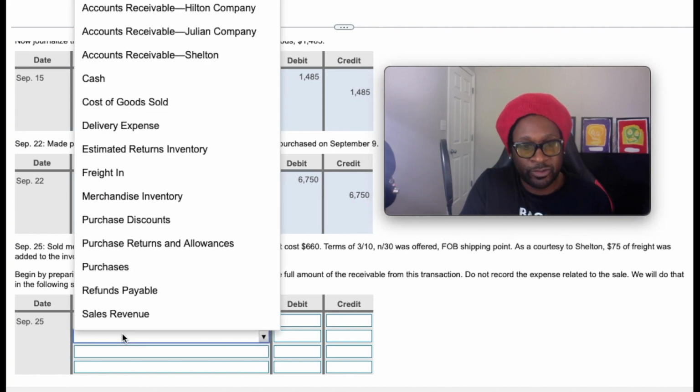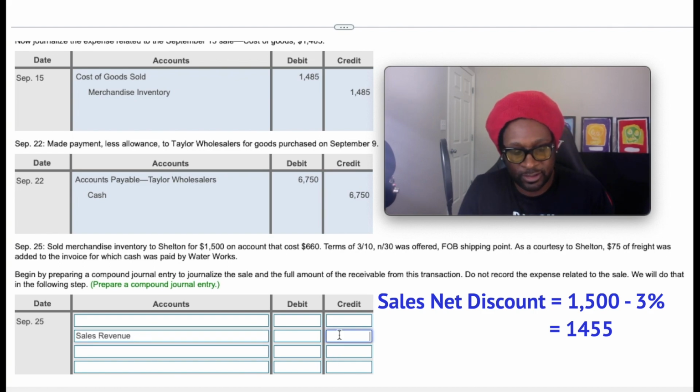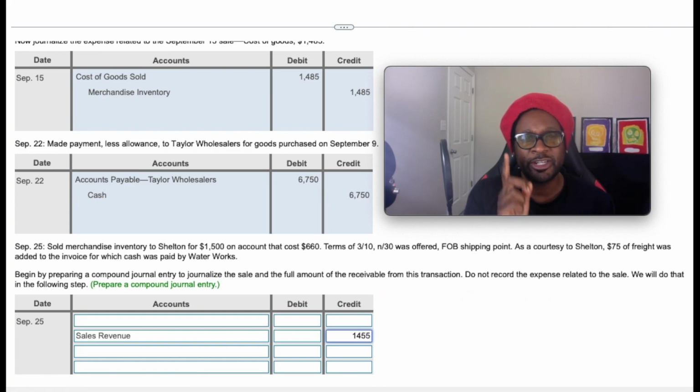We know that we're going to credit sales revenue for the net amount. So if we take the $1,500 and subtract the 3%, that gives us a total of $1,455. We also made a courtesy cash payment for the freight bill of $75, so we're going to credit cash for that as well.